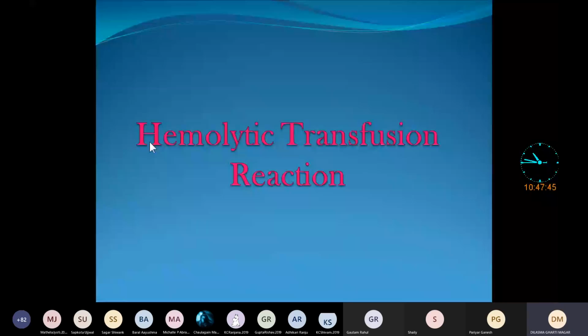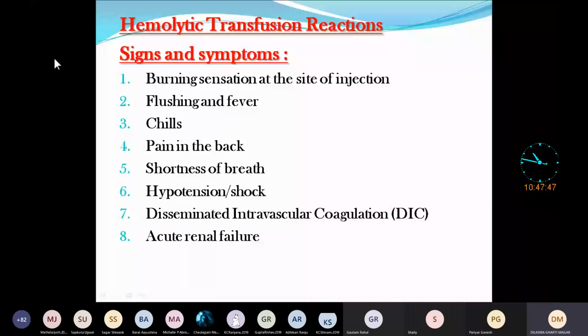Now the hemolytic transfusion reactions will have these signs and symptoms. There will be a burning sensation at the site of injection, meaning where we are transfusing the blood, at that site there will be a burning sensation.